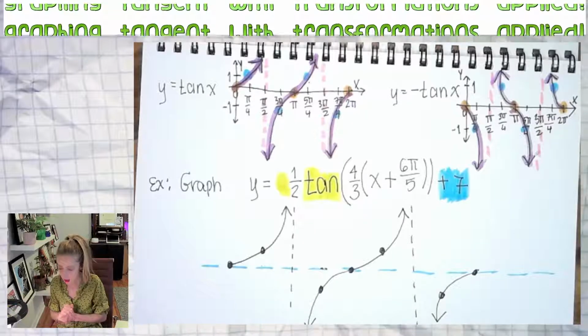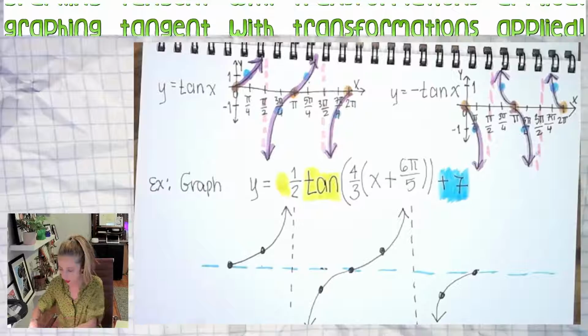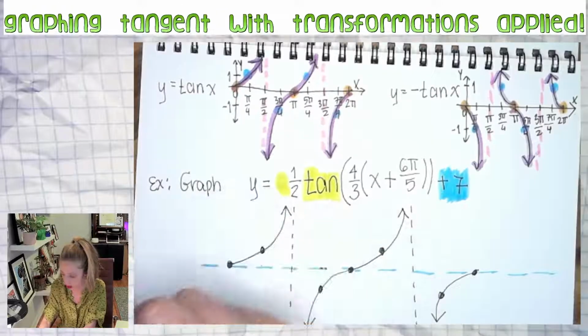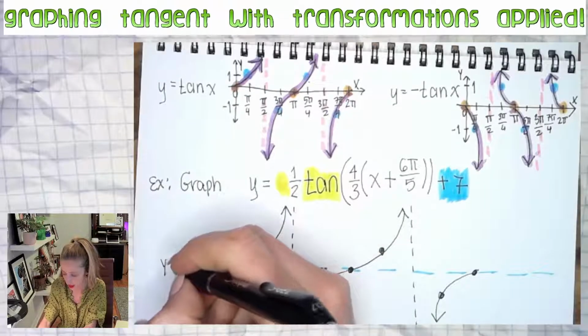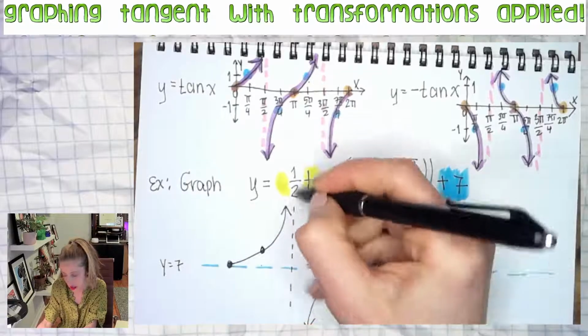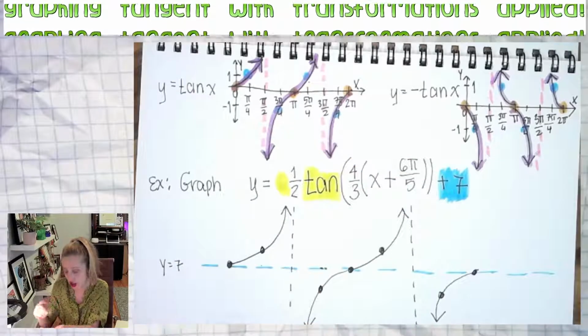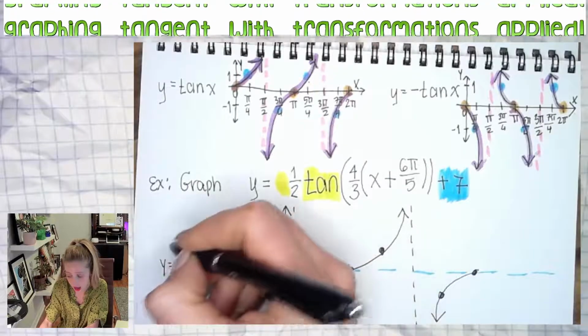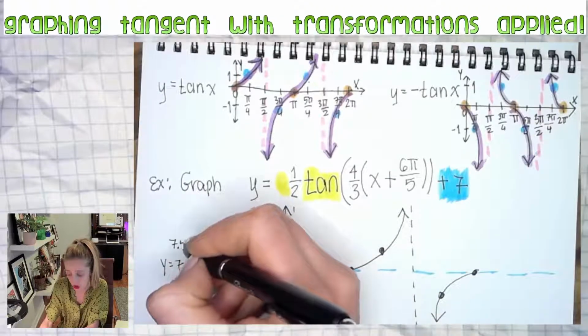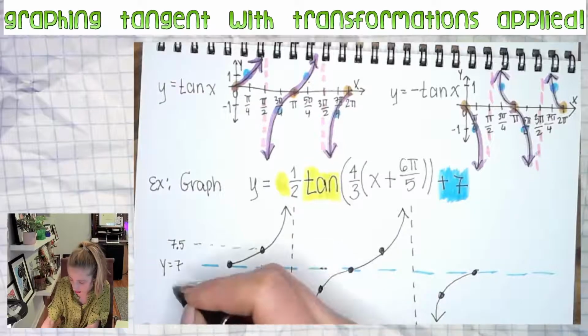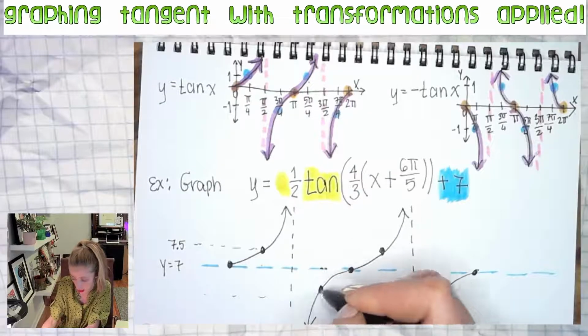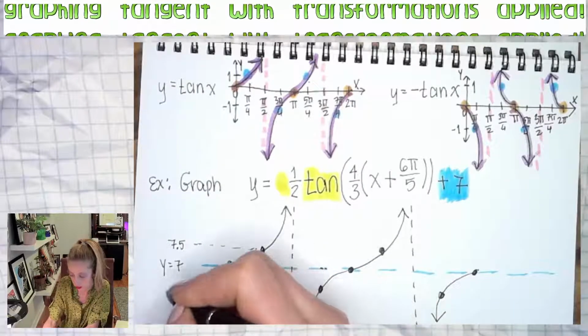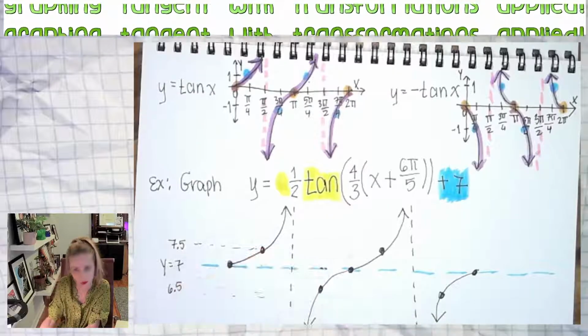Next, we can label a little bit. So this blue dashed line over here is the line of y equals 7. Since the vertical compression is 1/2, that means that this point that was normally a 1 is actually 7.5. And then this point here that's usually, say, -1, is 6.5.